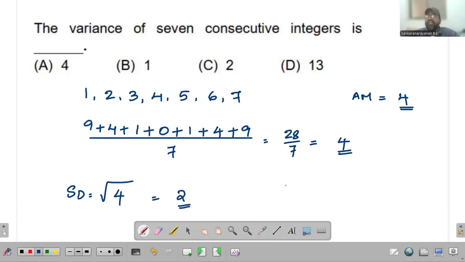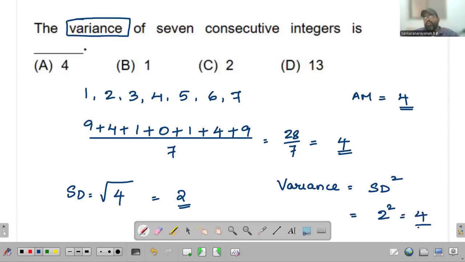But that is the standard deviation. What are you asked to find? You are asked to find the variance, right? So variance will be equal to standard deviation squared, which is 2 squared, equal to 4. So for this particular question, the value will be equal to 4.